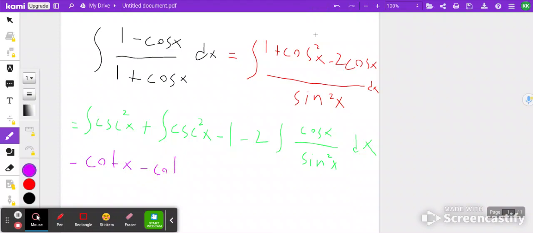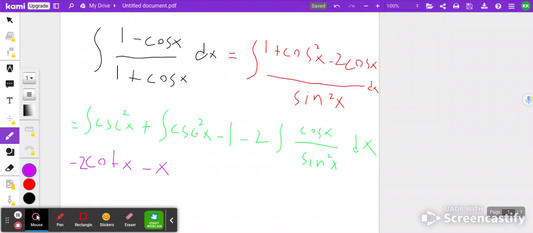So I'm going to write this basically as negative 2 cotangent x minus x.